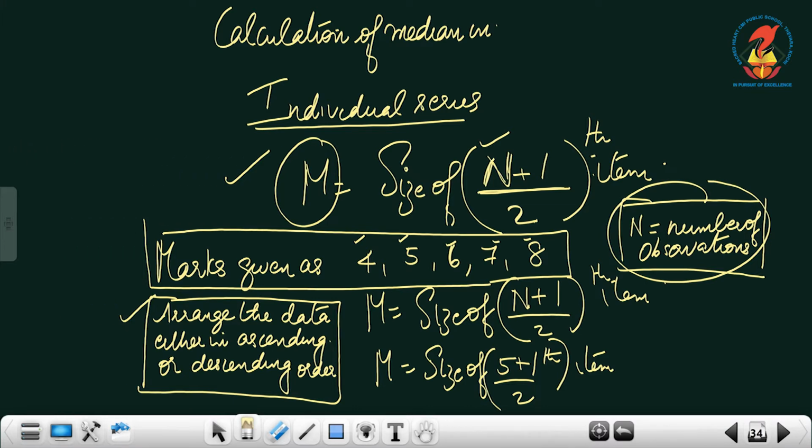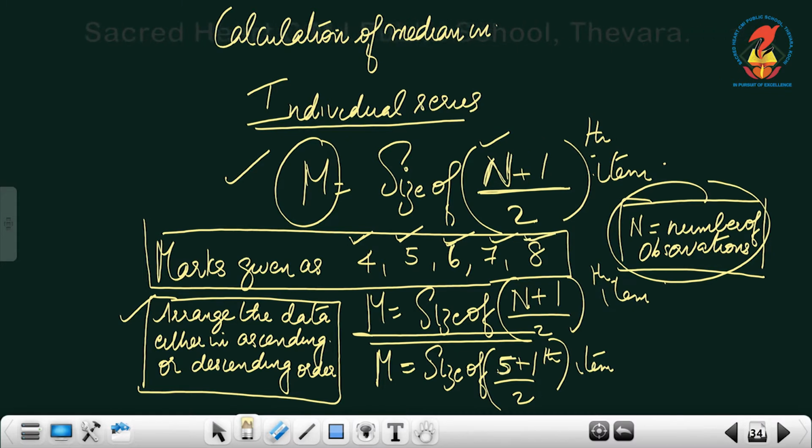Then you have to apply the formula, M is the size of (n plus 1) by 2th item. Here n means the number of items, as there is no frequency. We can count the items: 1, 2, 3, 4 and 5.